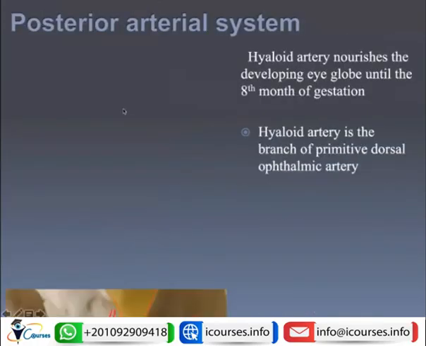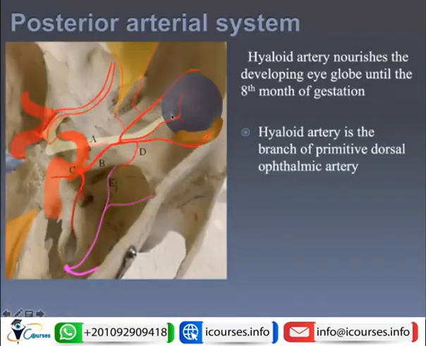The posterior arterial system will be derived from the hyaloid vessels or hyaloid system. So the hyaloid system will supply the developing globe until the 8th month of gestation. The hyaloid artery is a branch from the primitive dorsal ophthalmic artery, as you can see here.